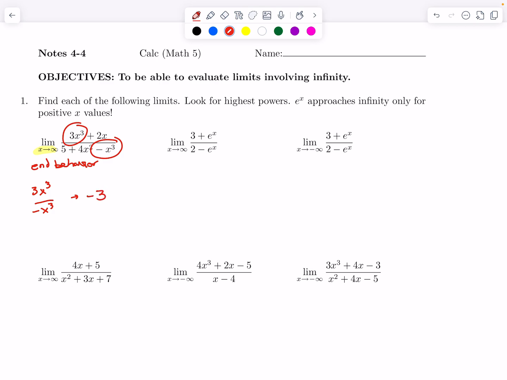And so that means that my limit is -3. And I'll notice that you would notate it as a horizontal asymptote by writing y equals, not just the number.